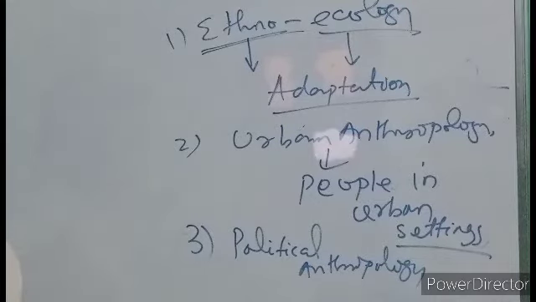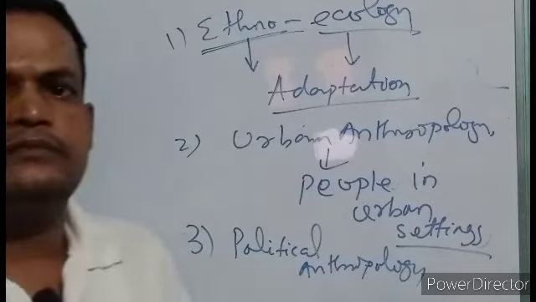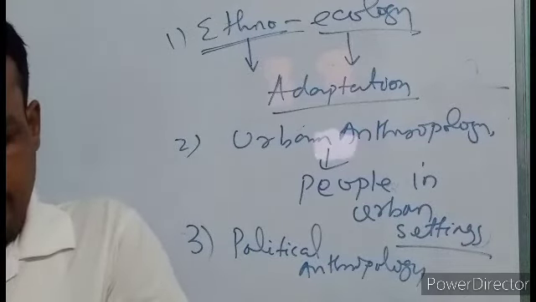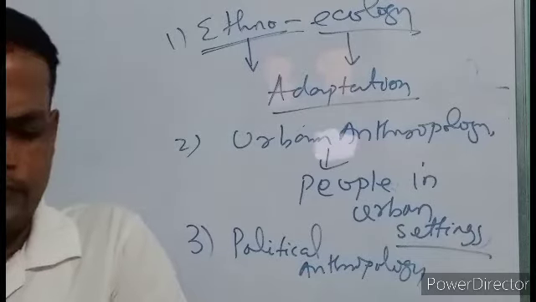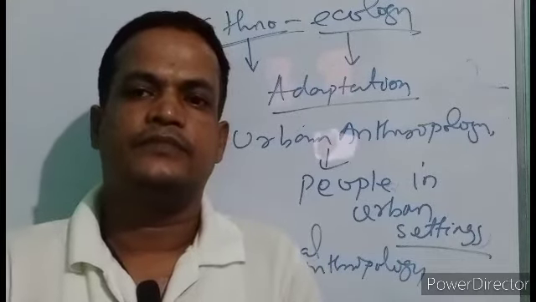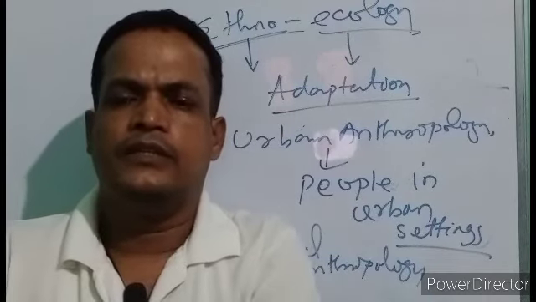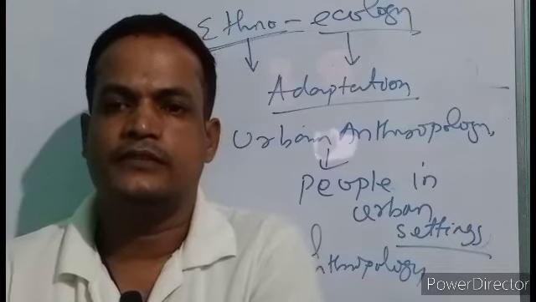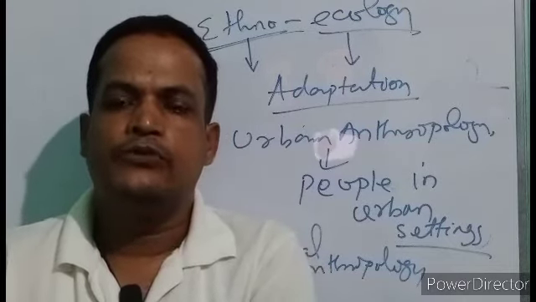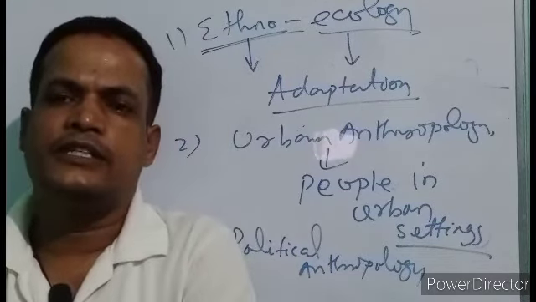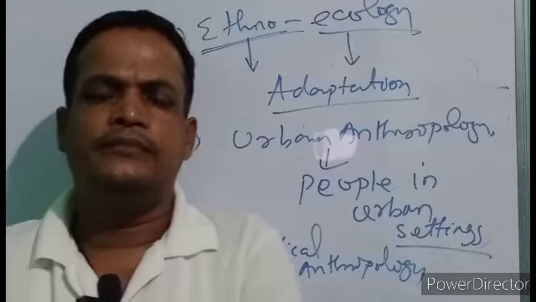The evolution of politics, developing countries, the emergence of different political parties, political aspects, and the development of administration patterns. In rural areas we can find sabhas, samitis, the tribal head, the village head.